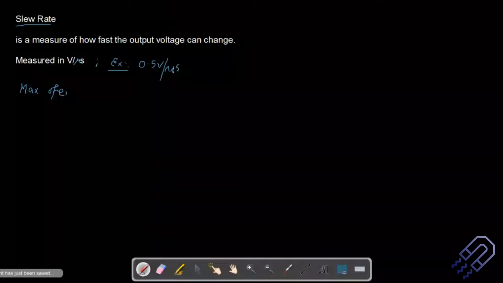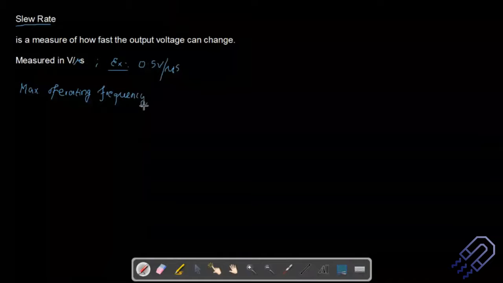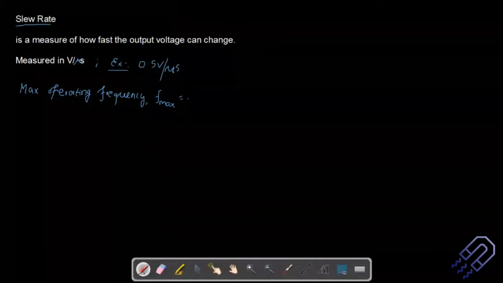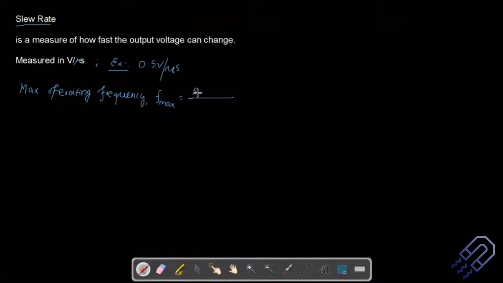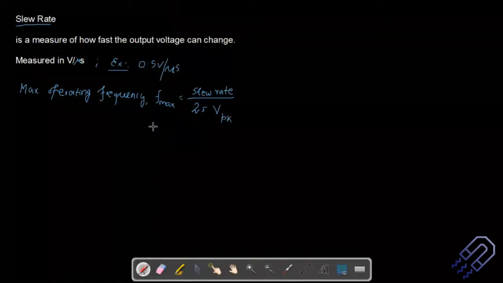The maximum operating frequency, F max, is equal to slew rate divided by 2 pi V_pk.